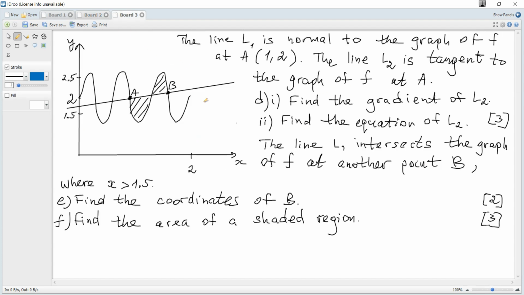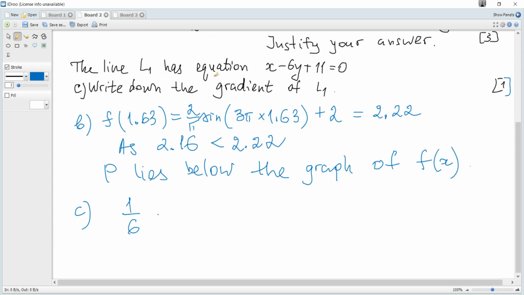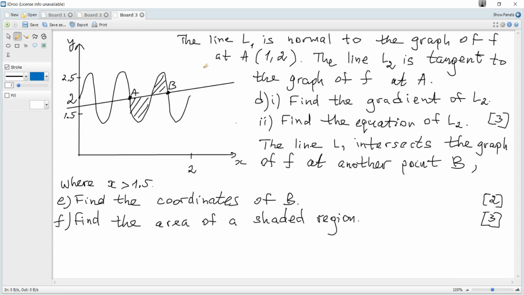Next, the line L1 is normal to the graph of f at A with coordinates 1, 2. The line L2 is tangent to the graph of f at A. This line L1 is normal, and L2 is tangent.